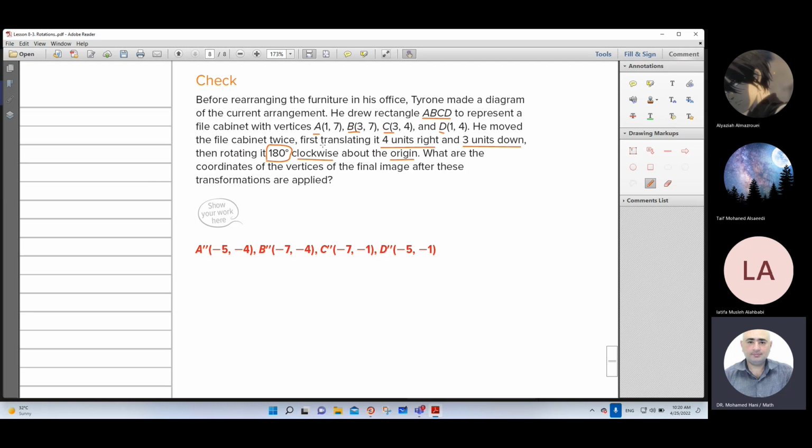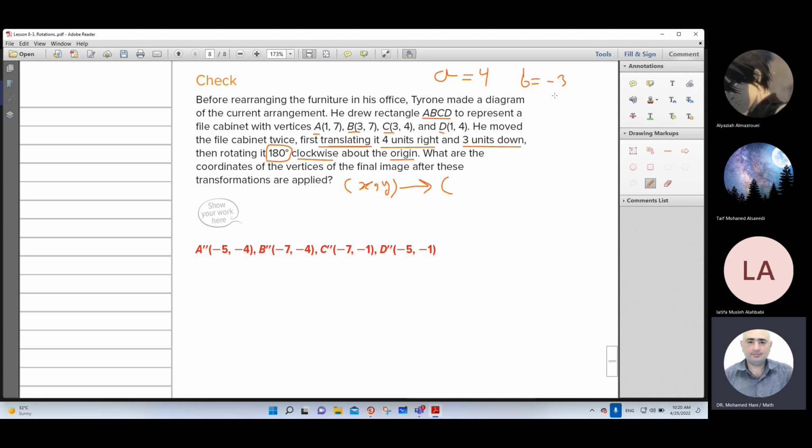And the first step, as you see, we do translating. The rule of the translating, if you have (x, y), to translate will be (x plus a, y plus b). 4 units right means plus 4. 3 units down means minus 3.